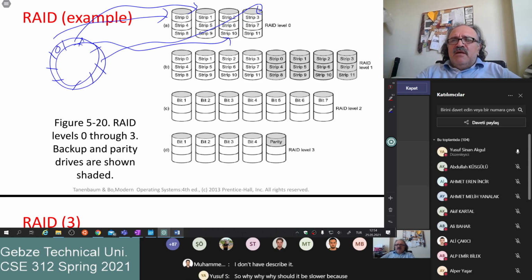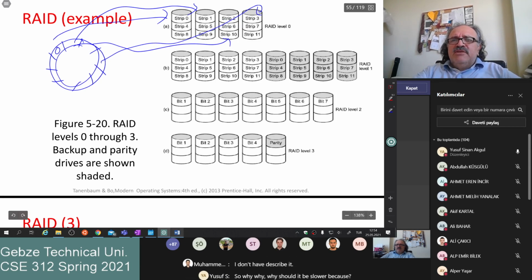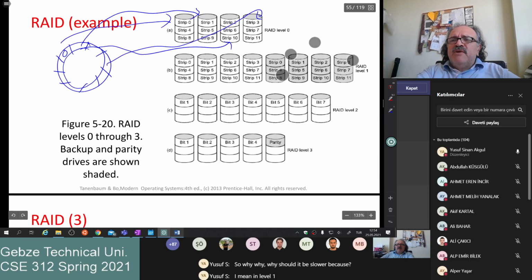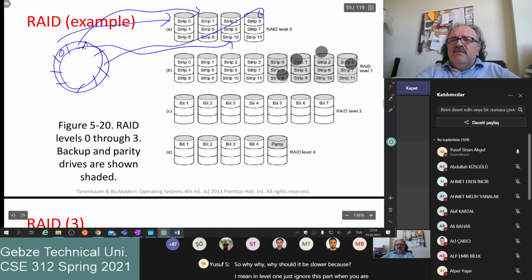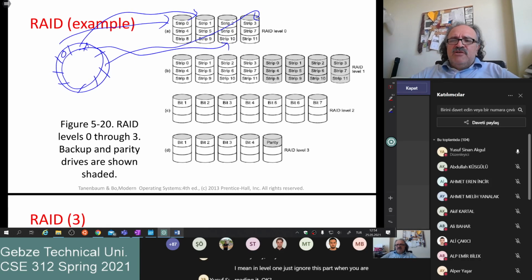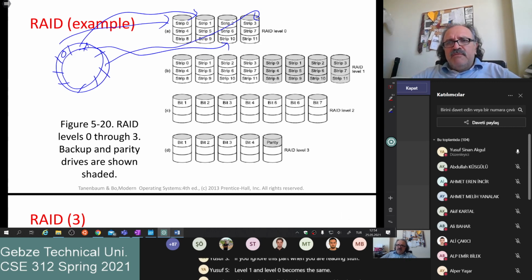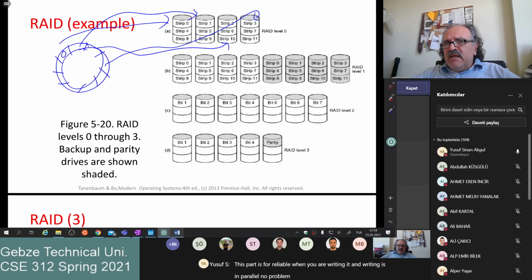Because, in level 1, just ignore this part when you are reading, okay? If you ignore this part when you are reading, level 1 and level 0 become the same. This part is for reliability. When you are writing, and writing is in parallel, no problem. Level 1 is not slower than level 0, but it could be faster. Why?